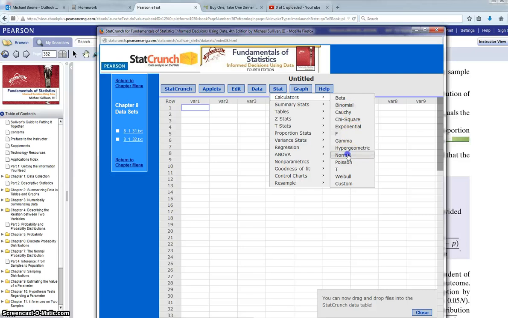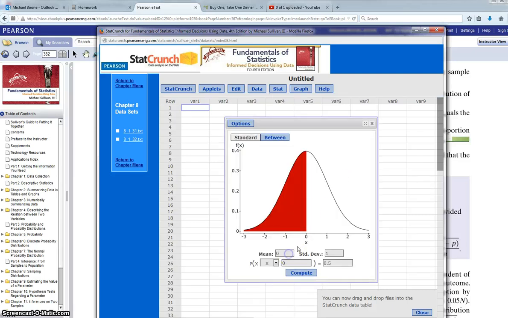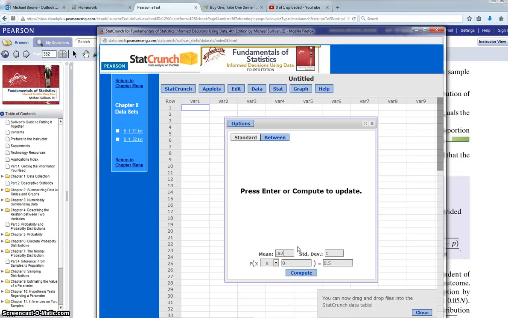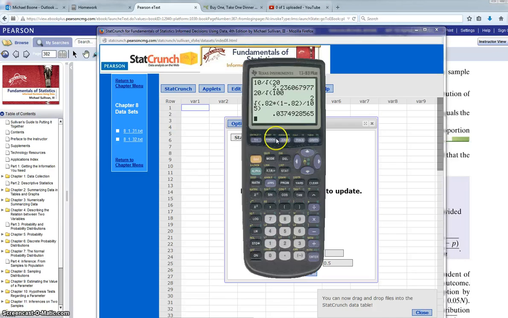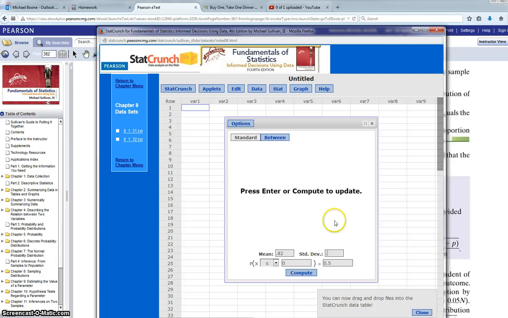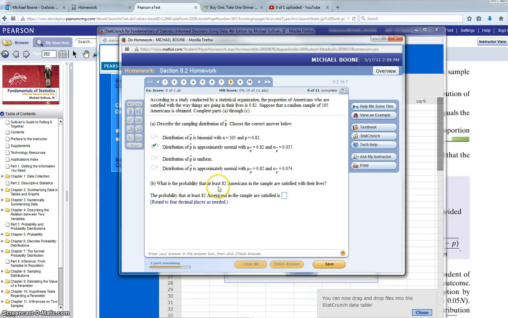We just said a second ago that the mean is 0.82 and that the standard deviation, this is where we could get in trouble with rounding, is 0.03749. I like to get as many decimal places as I can. And it asks at least 82 Americans.